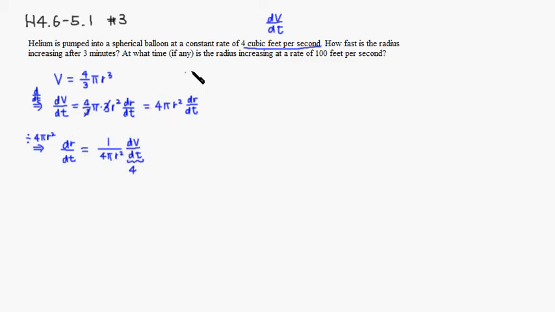We know the radius is increasing after 3 minutes, right? So 3 minutes is the same thing as 3 times 60, which is 180 seconds.